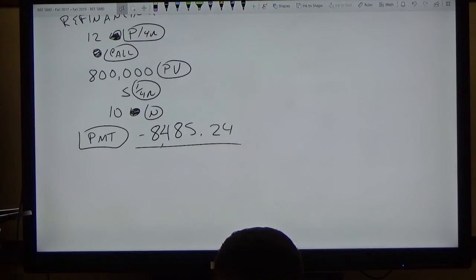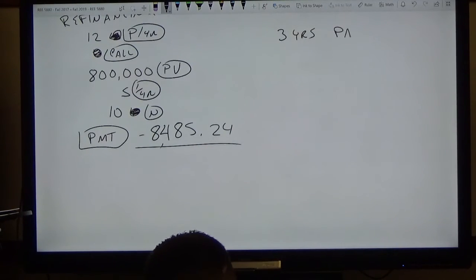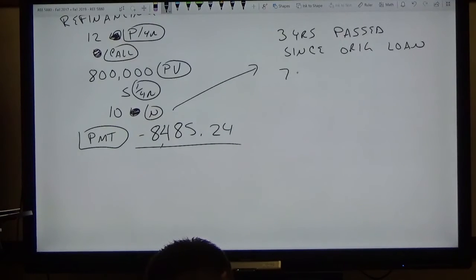Let's say that a few years have passed since we acquired this property and interest rates have gone down. How many years have passed? 3 years. So 3 years passed since the original loan, which means for this loan, 7 years remaining.